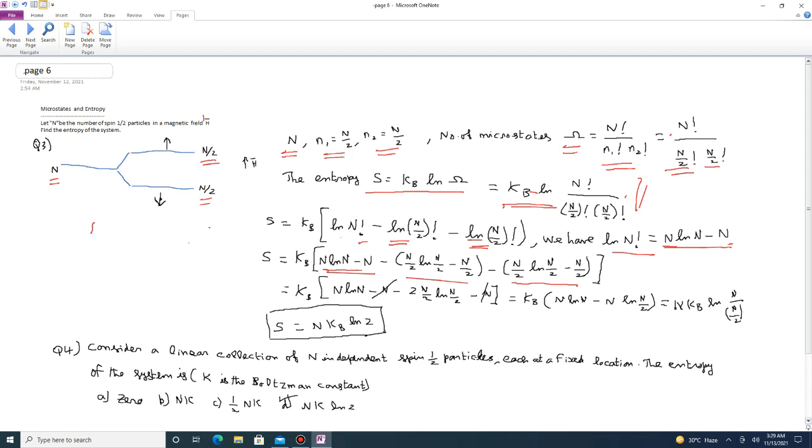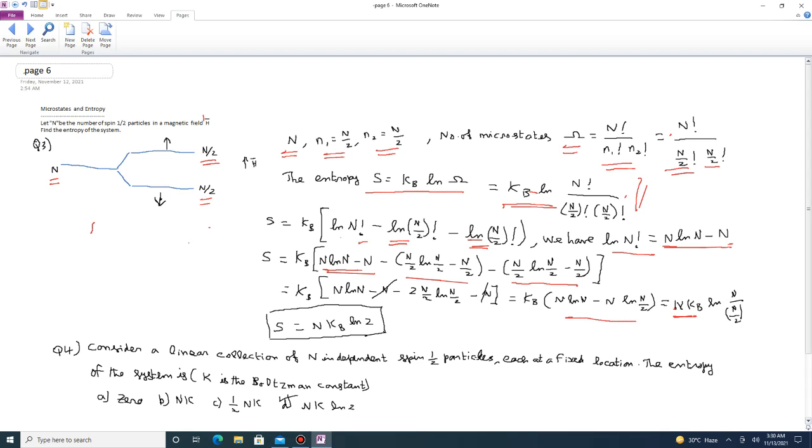Once we substitute, that can be simplified to N log N minus N logarithm of N by 2. Then N can be taken outside as a common factor. The remaining value will be the logarithm of N divided by N by 2, because log m minus log n is equal to log m by n.